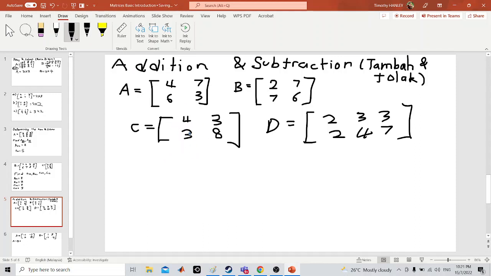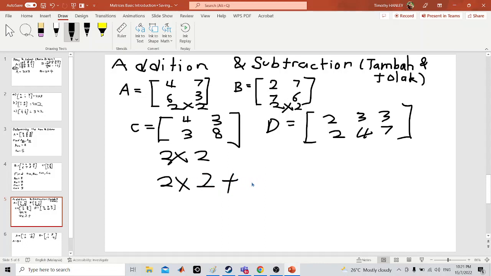For example, this one is 2 times 2, this is 2 times 2, and this one is also 2 times 2. For addition and subtraction, we can only do it if they have the same form of matrix.